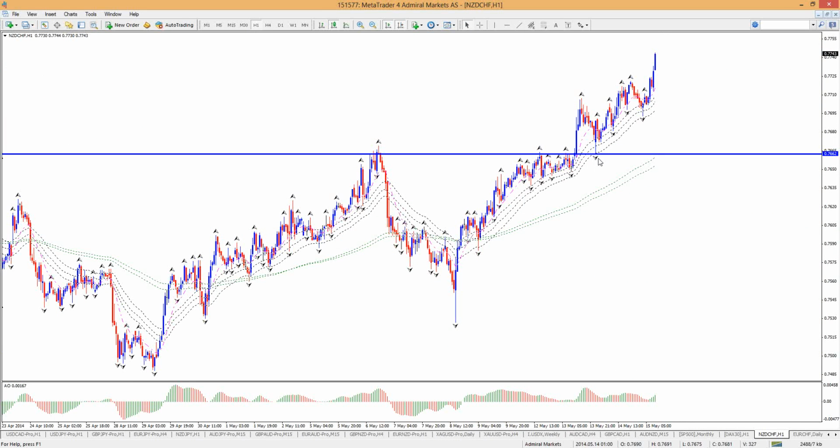idea here of the broken support, break, pullback from upside, classical break, pullback to the broken level. That was also a very nice trade off of this 76.6. That's also up about 80. So those were nice trades this week. Let's see. Pound Swissy.